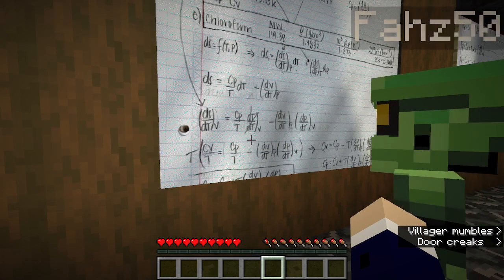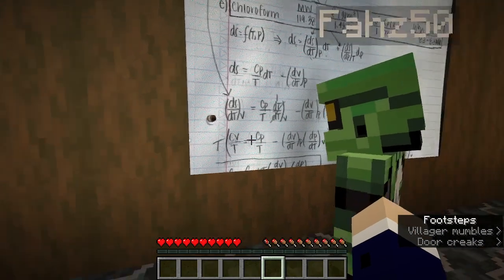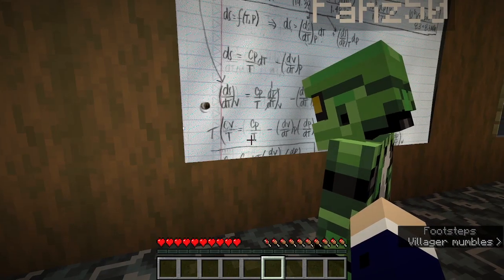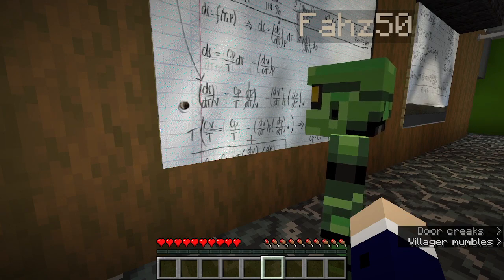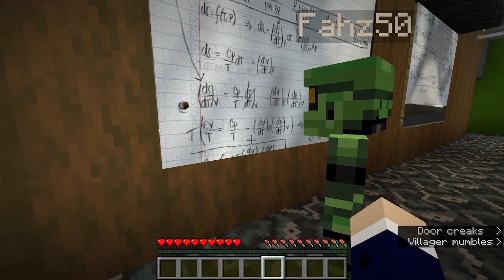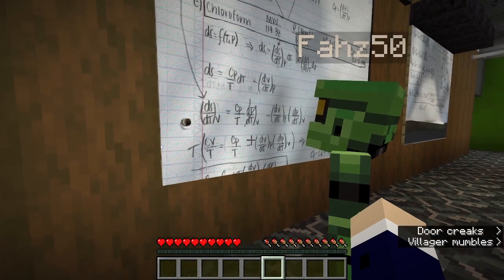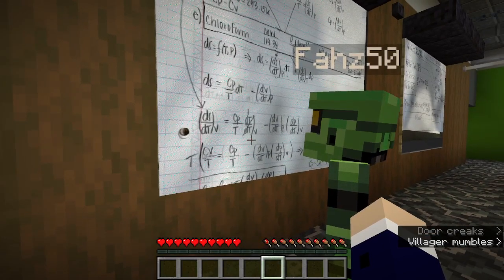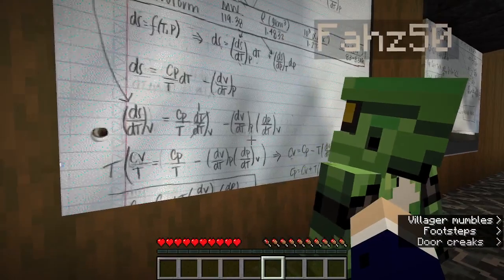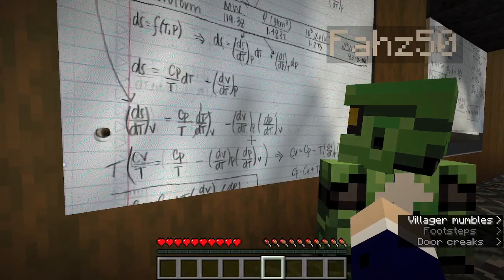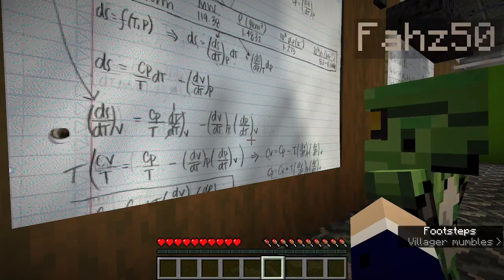So we have Cv over T is equal to Cp over T times dT over dT at constant V, and we know that dT over dT at constant V is equal to 1. Then this is also minus dV over dT at constant P times dP over dT at constant V.